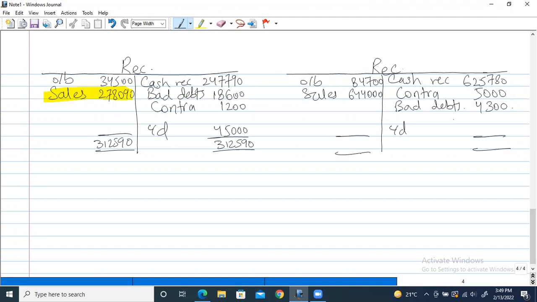Now let's find the correct closing balance over here. The heavier side would be the debit side. So plus 84,700, 728,700. Now if we minus 4,300, minus 5,000, minus 625,780, this gives us the closing balance of 93,620.